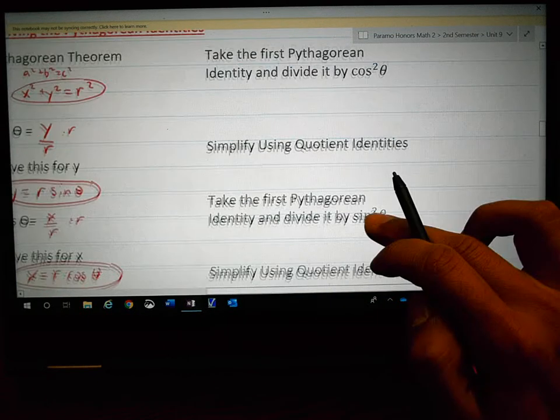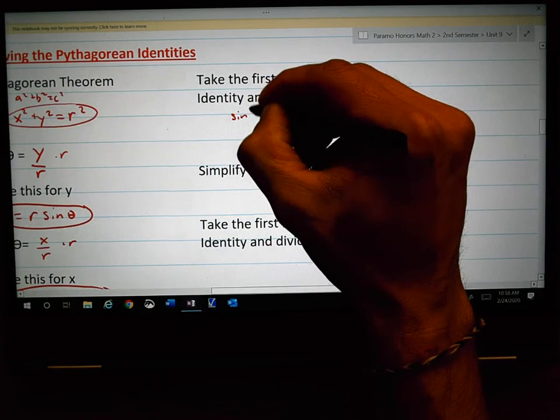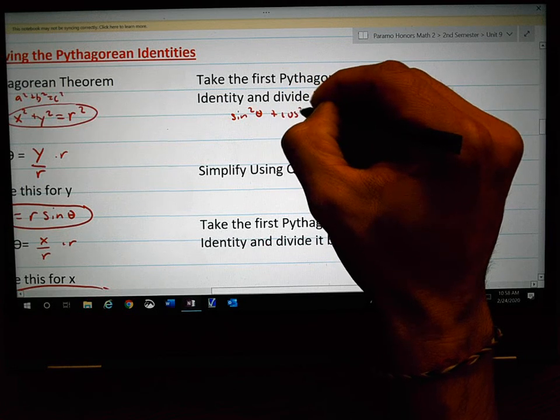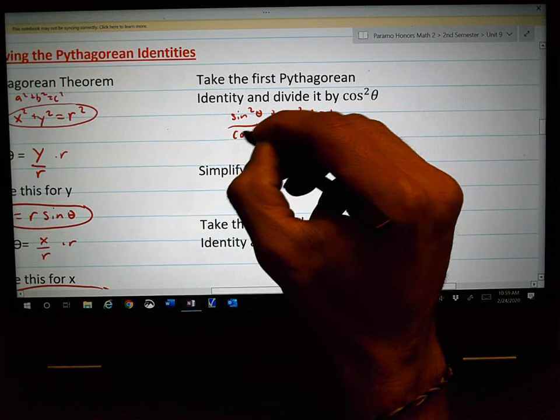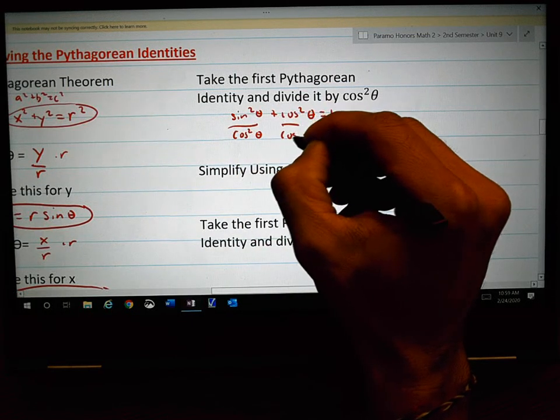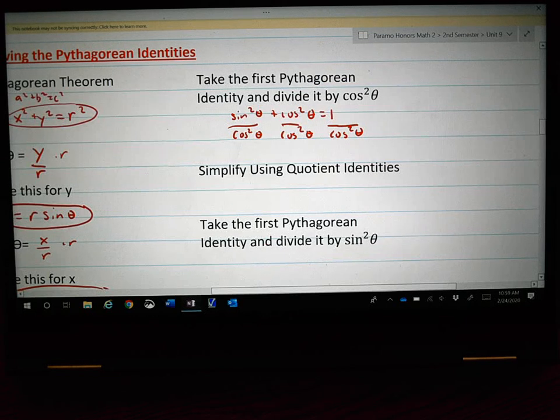And we can also take that first Pythagorean identity and we can divide everything by cosine squared of theta. When you divide by cosine squared, the reciprocal identities, make sure I say this, the reciprocal identities and the quotient identities work for squared terms as well.